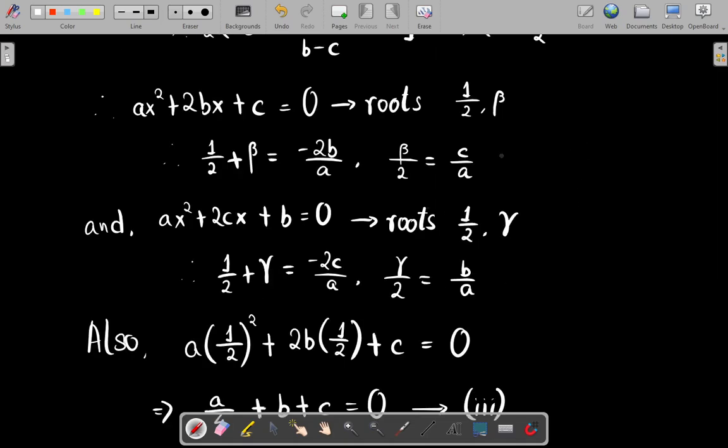From beta upon 2, if we try to find the value of beta, it will be 2c upon a. I am not using the other equation because this is half plus beta and that is a bit more clumsy. Similarly here also I am using this product relation.